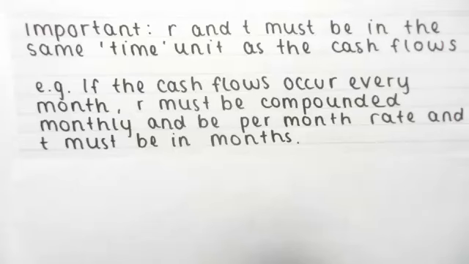A lot of the time it's easier to calculate T as just being the number of cash flows. That's all that it means. Although it's the number of periods, because you've got a cash flow occurring at the end of each period, it's just going to be the number of cash flows.